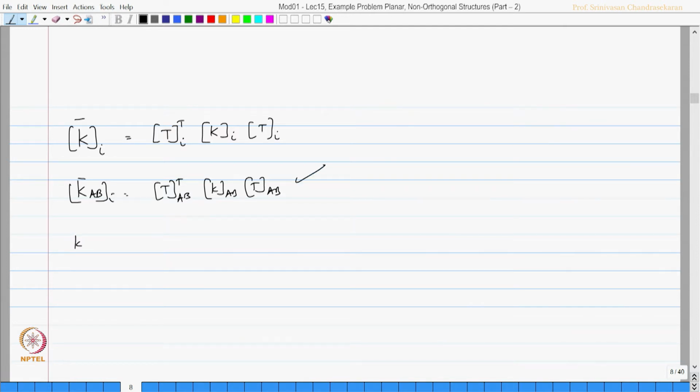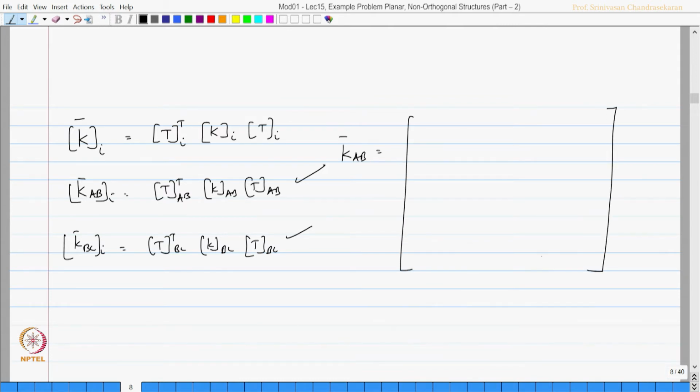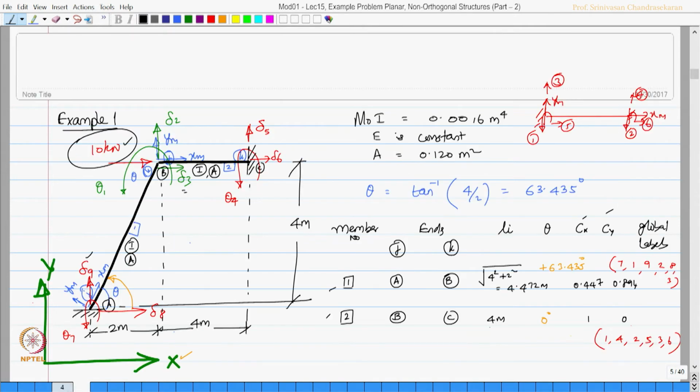Then I do this for BC, which will be T transpose of BC, K of BC and then T of BC. Now, K bar AB will have labels. We already identified these labels 7, 1, 9, 2, 8, 3, is it not?